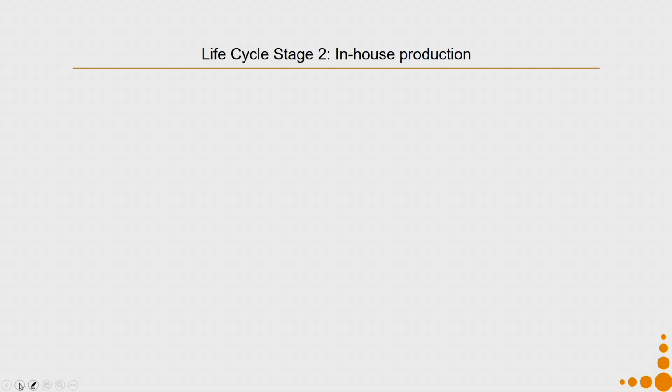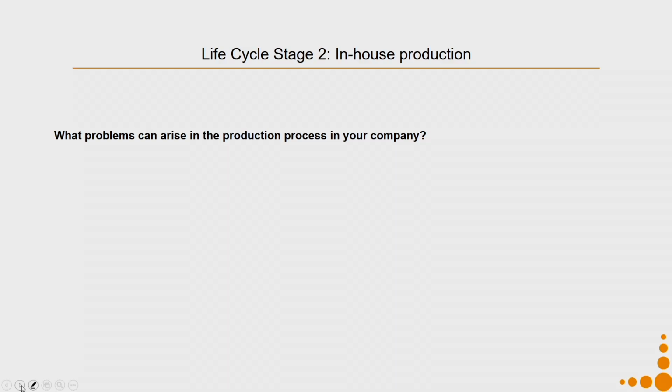The next life cycle stage that we will pick up after this is in-house production. After I have done procurement and selection of the material, I will do the design process. I have to produce that product. So, in this phase you have to ask the following questions: what problems can arise in the production process in your company?